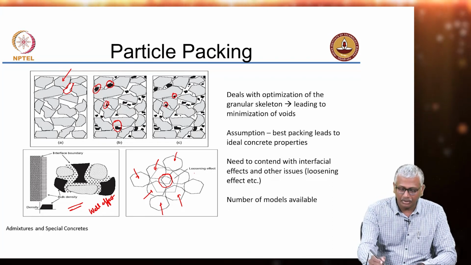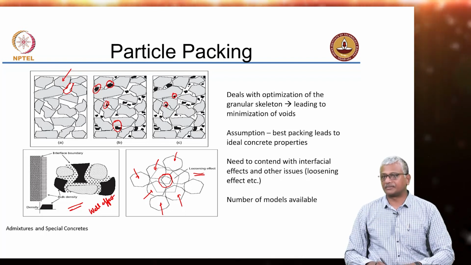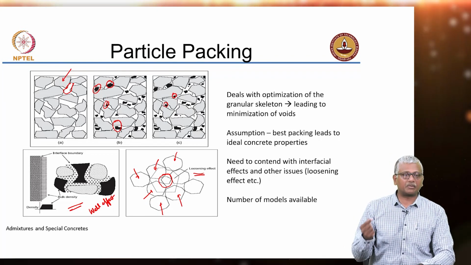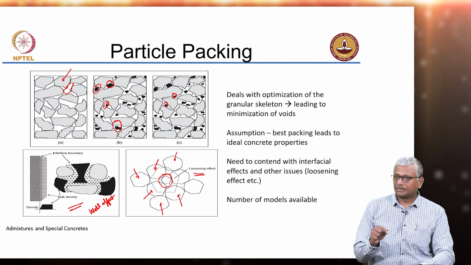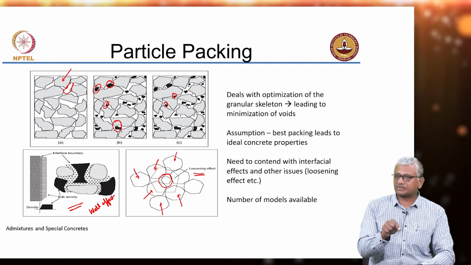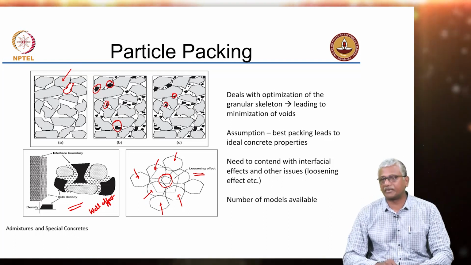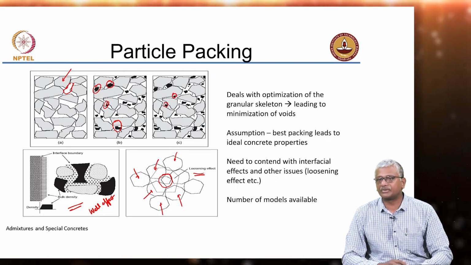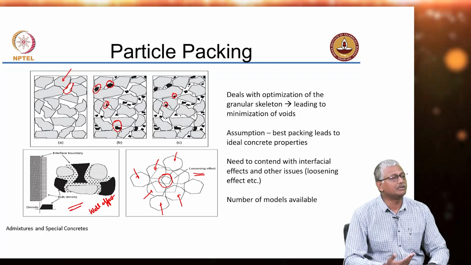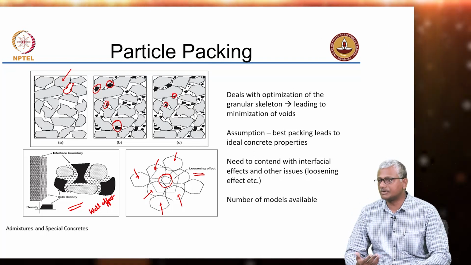So this is called the loosening effect. So if you don't choose an appropriate proportion of smaller particles, they don't have sufficient space to fill up the gap. So they will start pushing out the coarser particles to fill up the gap. Now that can be detrimental to the overall packing of your system.